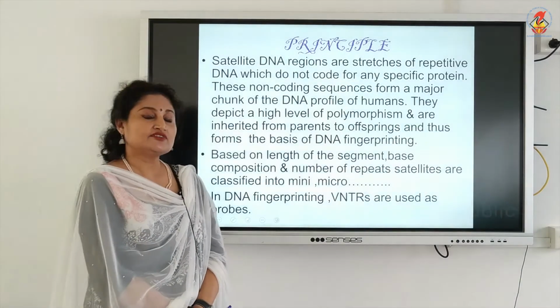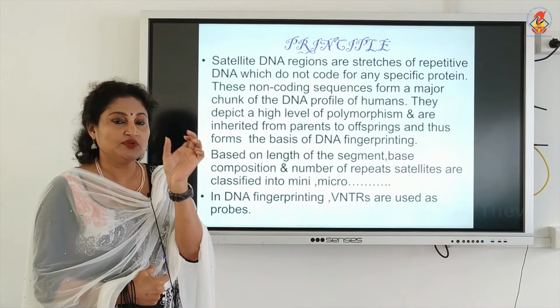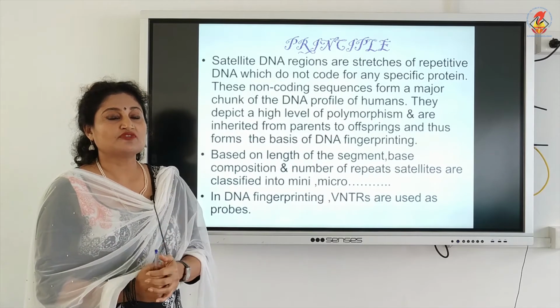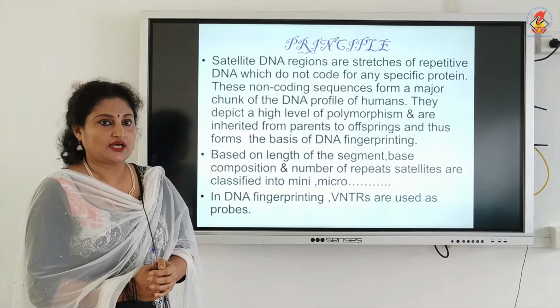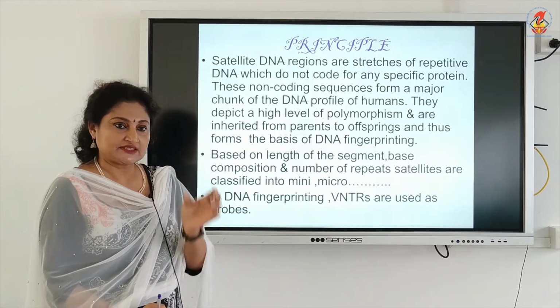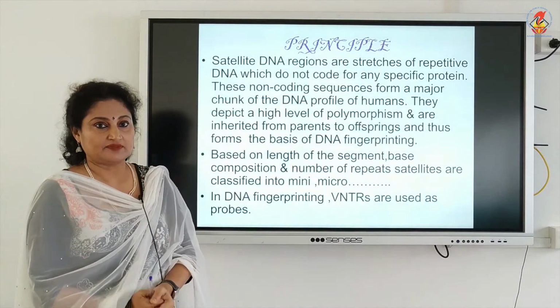So once again, reiterating the principle or the basis of fingerprinting is that unique segment found in the human beings which was different from one another, which showed high degree of polymorphism. That unique segment was called repetitive DNA. In that repetitive DNA, there was a small stretch of DNA repeated several times.